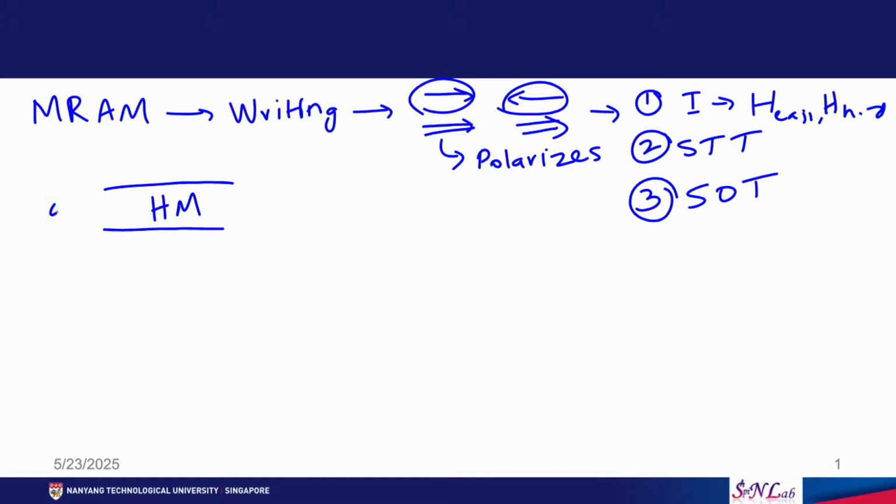So, when you send a stream of electrons, one type of electron goes to the top surface, another type of electron goes to the bottom surface. If you have a ferromagnetic layer on top of a heavy metal, these spins get accumulated there, and we can use these spins to switch magnetization. Based on this method we can have SOT MRAM.